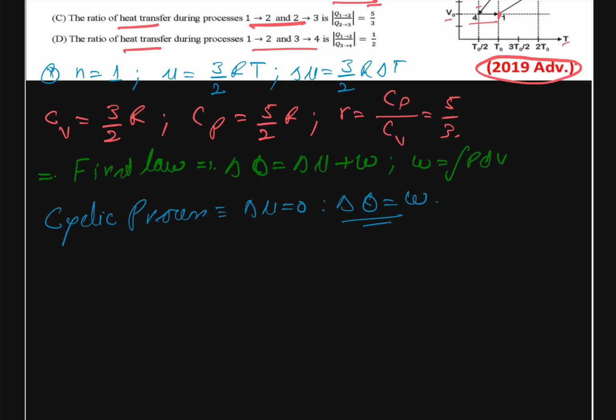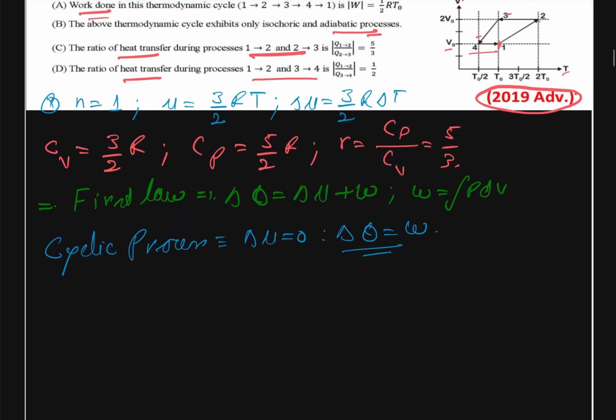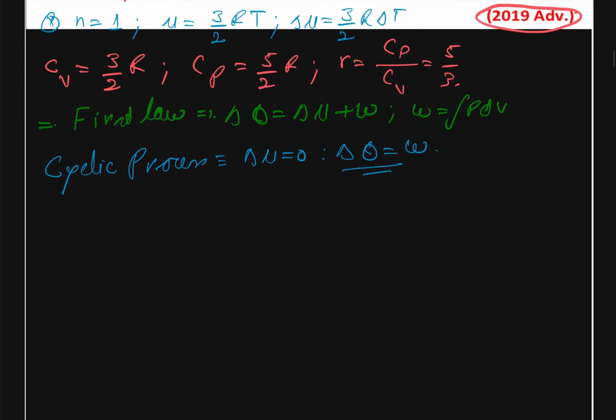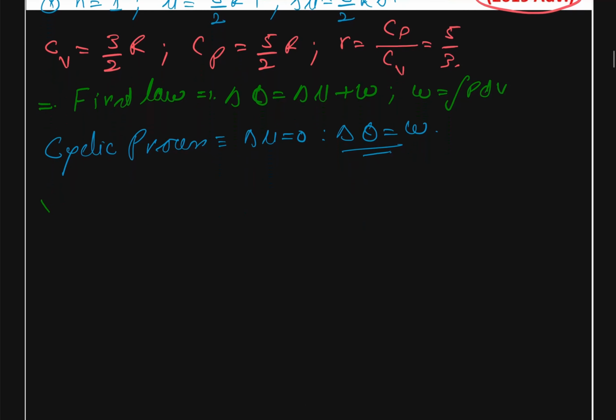Now let us identify the various processes that are associated with 1, 2, 3 and 4. 1 to 2 we know, 3 and 4 we know, and 4 and 1 process we also know. So let us start from 1, and let us call this process identification.